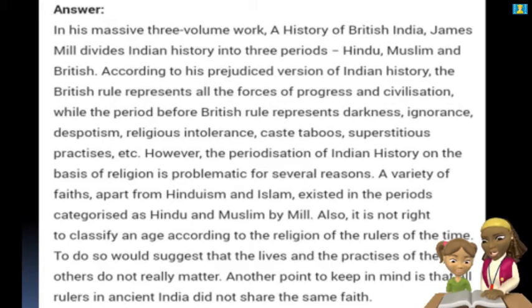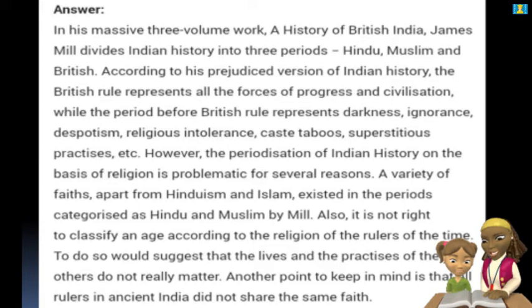However, the periodization of Indian history on the basis of religion is problematic for several reasons. A variety of faiths, apart from Hinduism and Islam, existed in the periods categorized as Hindu and Muslim by Mill.